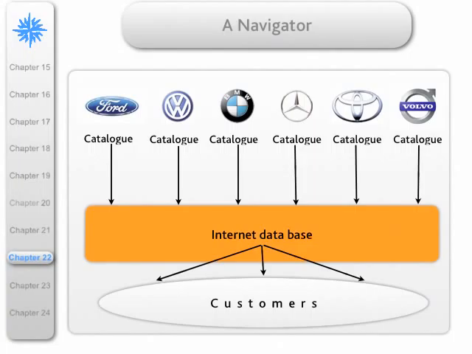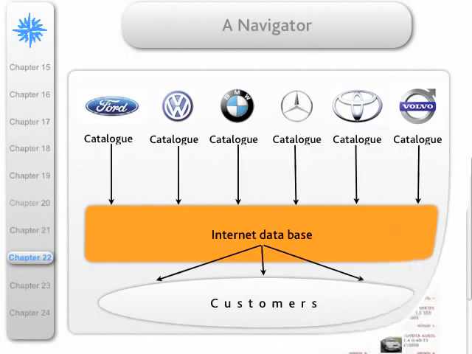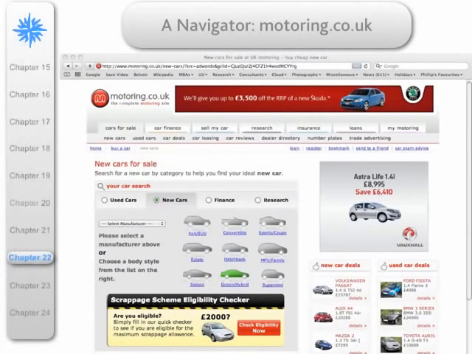Why not have an internet database where all the catalogues of all the manufacturers are aggregated and then you can access it? Navigators. Here's an example of one from the UK called motoring.co.uk.